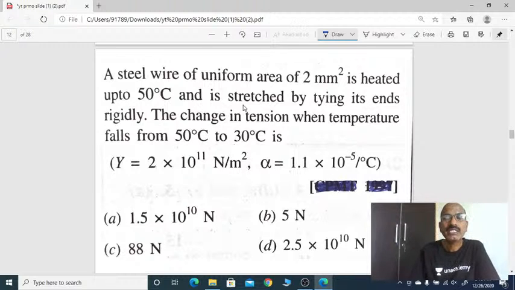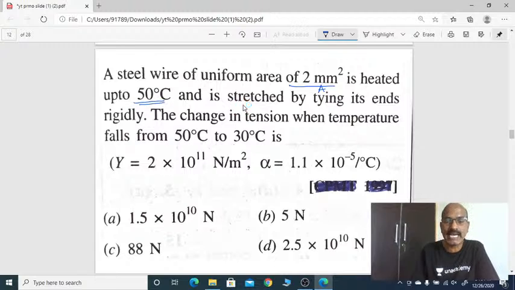Now, a steel wire of uniform area, so area of cross section is given clearly, is heated up to 50 degrees Celsius. So the temperature is given, heated up and stretched by tying one end rigidly. That means a rod is tied with one end fixed.